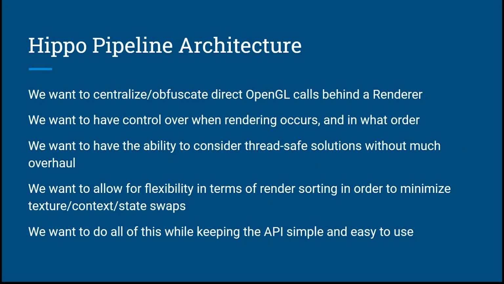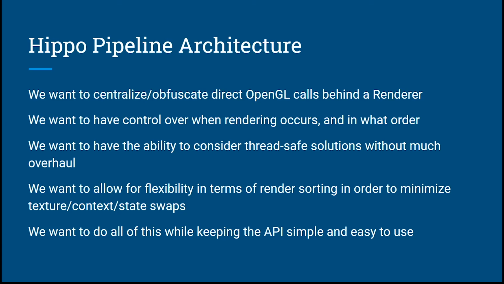Now, thinking through all of these things, the Hippo pipeline architecture is important, right? It's important to understand what it is we want to build and how we want to build it. There's a couple key points that I want out of this pipeline. I want to centralize and obfuscate direct OpenGL calls behind a renderer, right? I don't want to have a sprite class or a component on an entity to call OpenGL calls directly, right? I want everything behind the renderer.